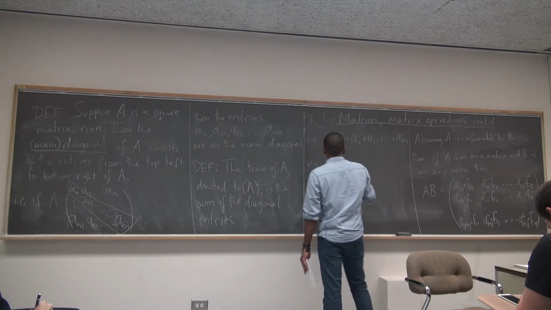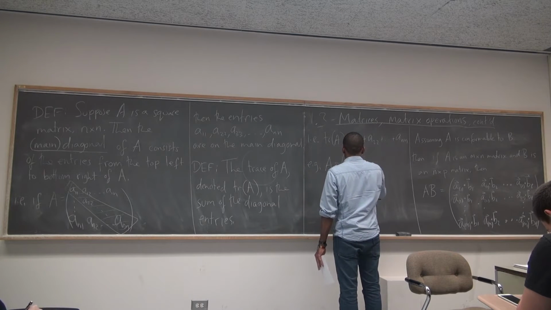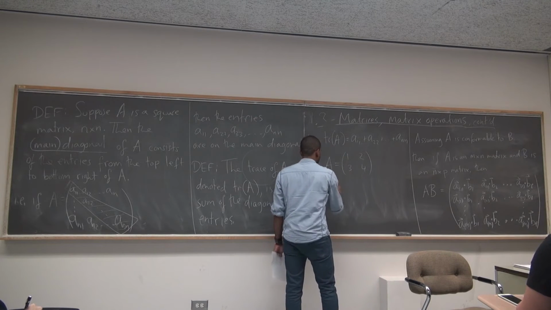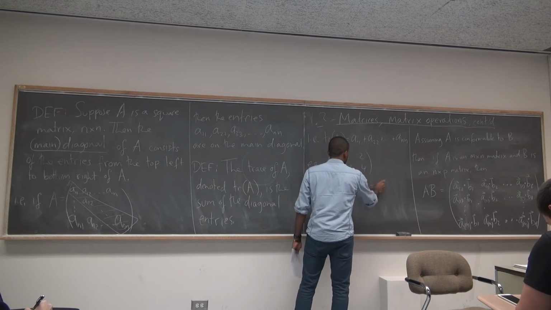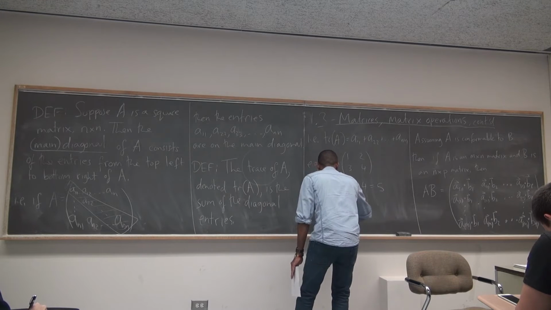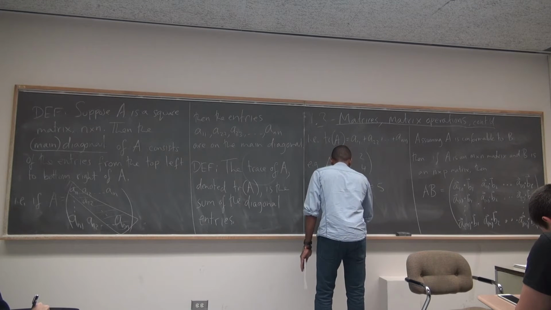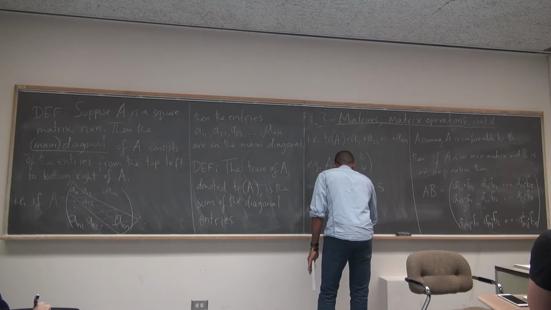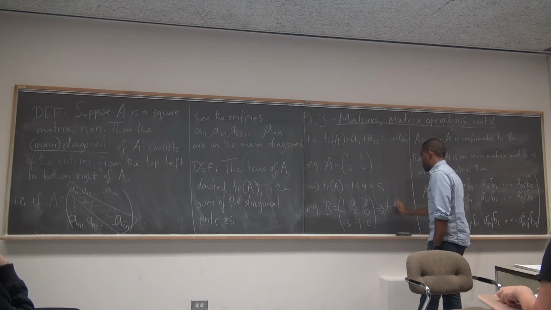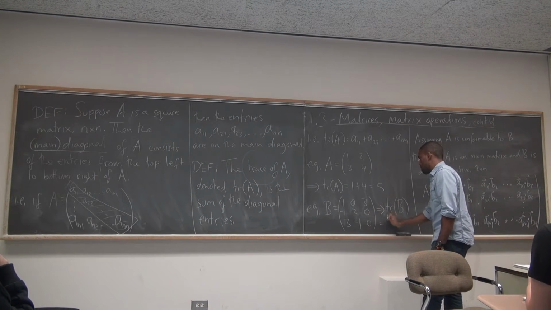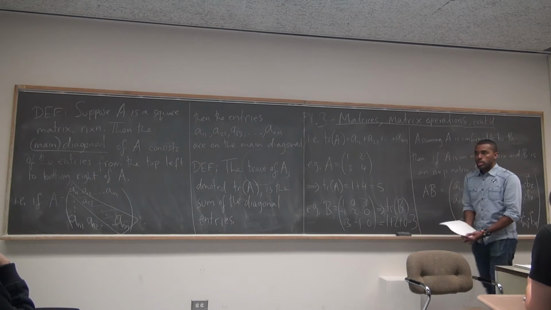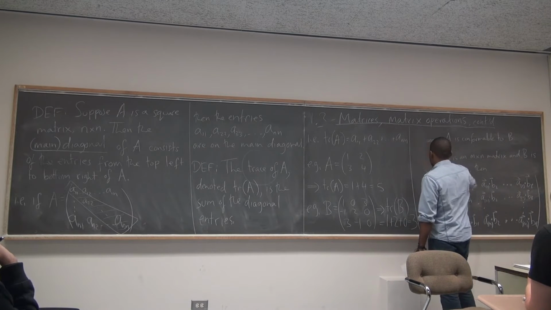Example, A equals 1, 2, 3, 4. Then if I find the trace of A, it's just going to be 1 plus 4 equals 5. In this case, the trace of B is equal to 1 plus 2 plus 0 equals 3. So if I add all the entries on the diagonal, we call that the trace.